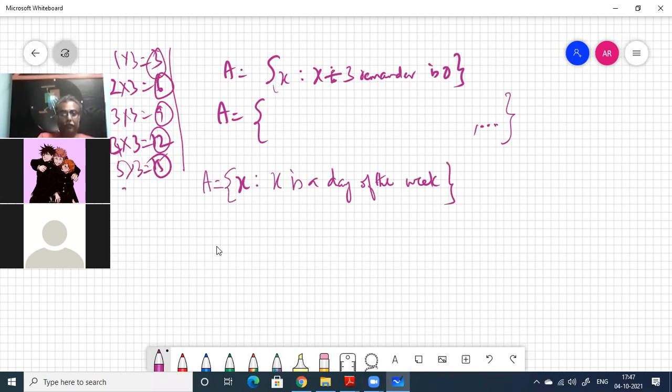That's why set builder form only, everybody will have problem. Everything else they'll tell easily. Descriptive form you will tell: x is a day of the week. Set builder form is very important. The set of all the days of the week you can easily tell in descriptive form. x such that x is a day of the week. Like that, if you tell, that is the set builder form. Okay. Now somebody tell roster form. Somebody write roster form.